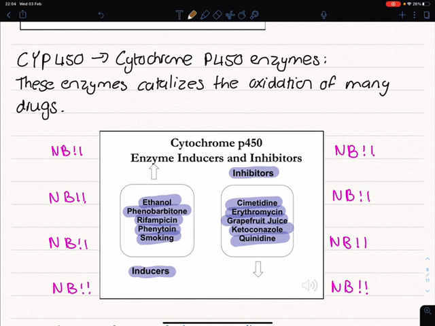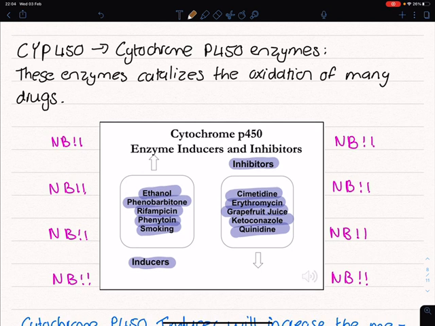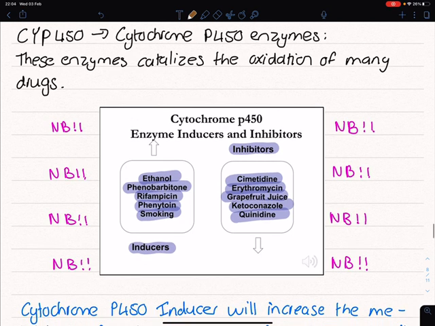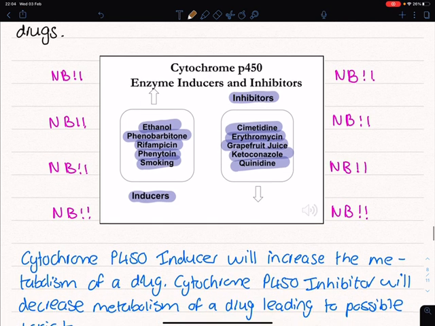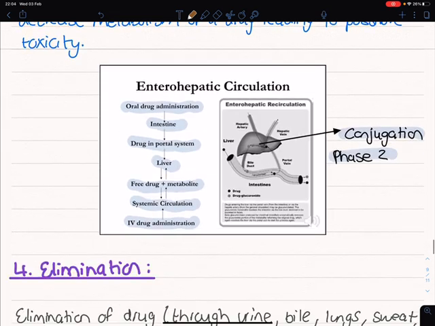Whereas if you administer some of the drugs which are inhibitors, this could mean that not enough drug is broken down into metabolites, which means that the drug can be toxic for that person. So it's also very important to know these drugs, the inducers and inhibitors.